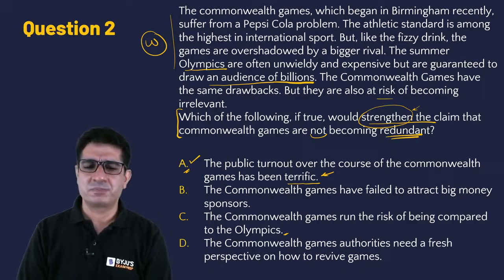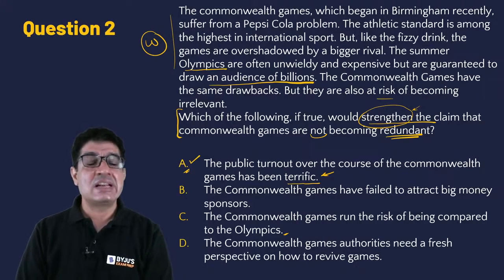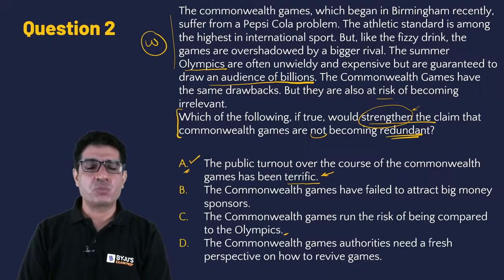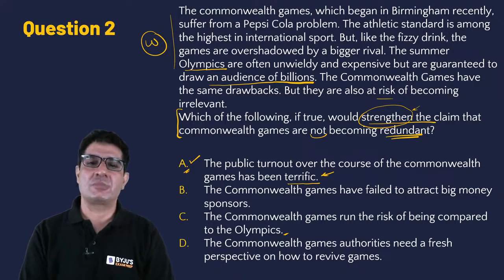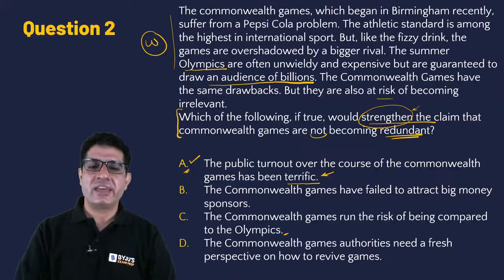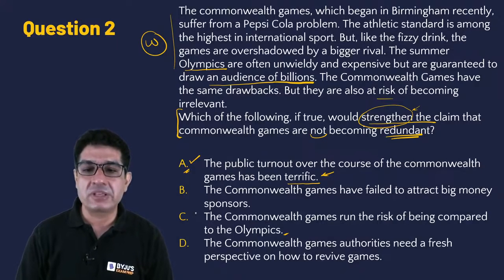What does it do? Does it tell you that they are not at the risk of being irrelevant? Does it help you disprove any premise or the assumption of the argument that is given to you? If anything, it will go on to strengthen that argument. It will not weaken. And that is why C should not be the right answer.